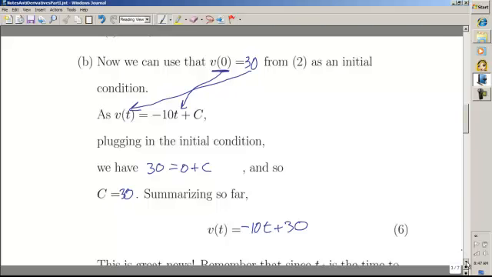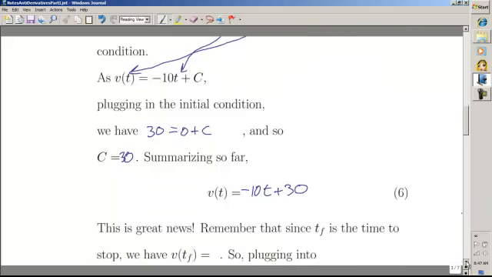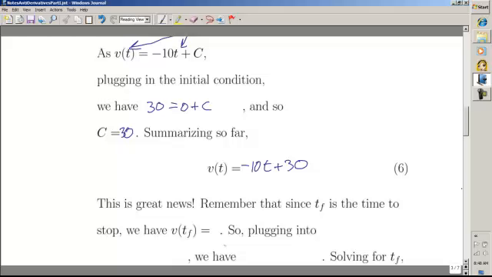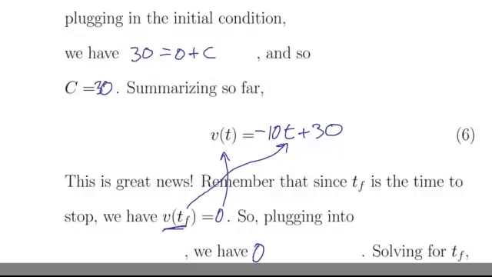Now this is really great news. We've got a big breakthrough here, because now we're going to be able to find TF. TF was the time to stop. V of TF was equal to 0. So just like before, if we plug things in, TF goes in place of T, 0 goes in place of V of T. That's going to give us 0 equals negative 10 TF plus 30.